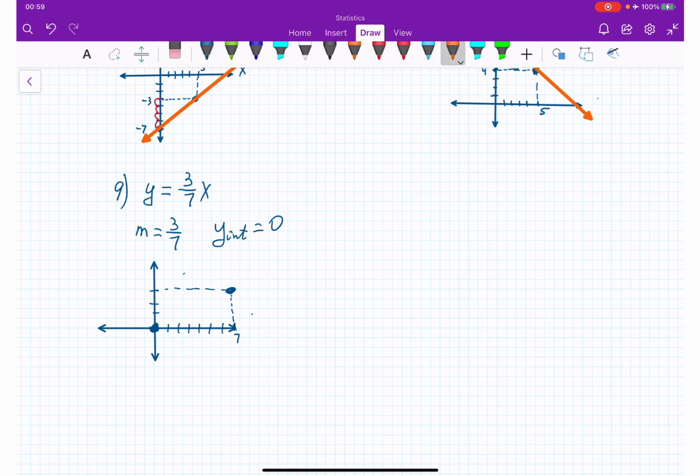And my graph is going to be, an interesting observation: every time your y-intercept is 0, your graph is going to go through the origin, through the 0. Okay? Because the y-intercept is the one that shifts your graph up or down. So we don't have a y-intercept, therefore the graph is going through the center, through 0.